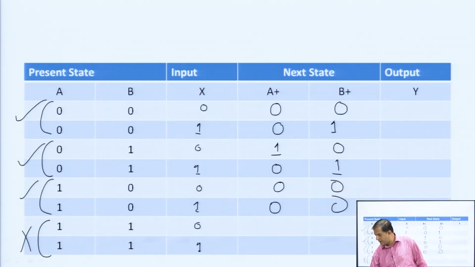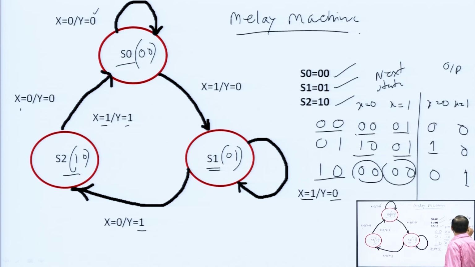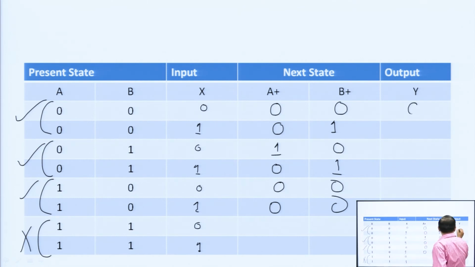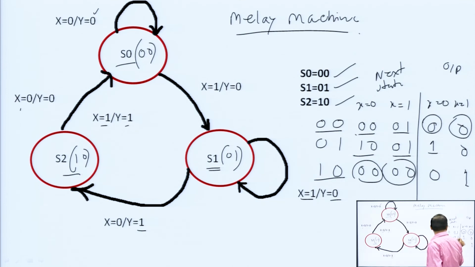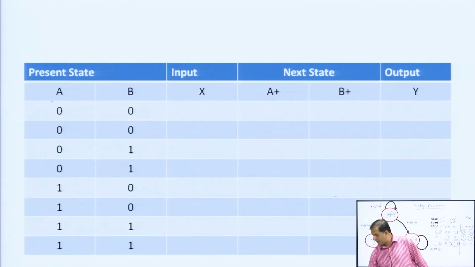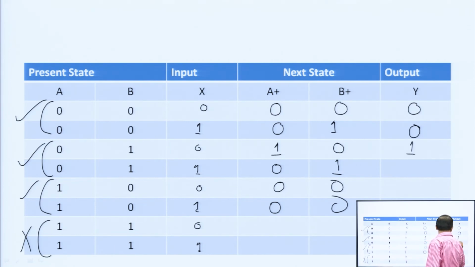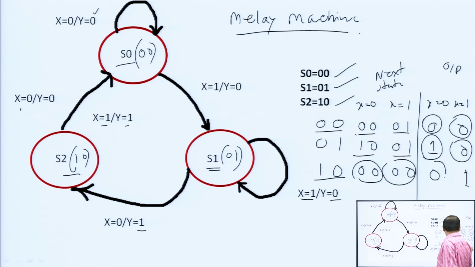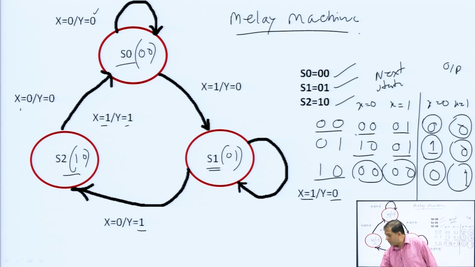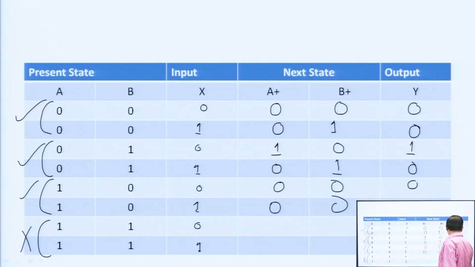See, in the first case the output for x equal to 0 is 0, for x equal to 1 it is 0, so we can write 0 0. Then for x equal to 0 the output is 1, for x equal to 1 the output is 0, means 1 0, and similarly the last one is 0 and 1.